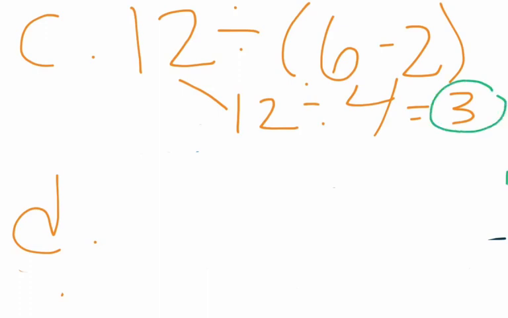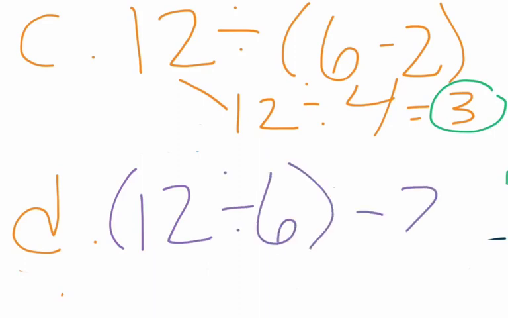Okay? All right, and let's do this last one together. And I'm going to do it in purple. Okay. 12 divided by 6 minus 2. All right. So we have 12 divided by 6 is 2.